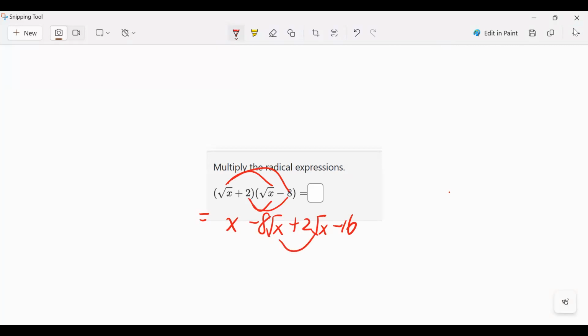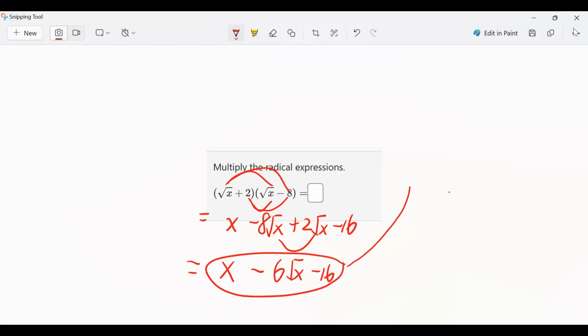And now combine like terms. The middle two are like terms. Everything else just stays as is. -8 plus 2 is -6 square root x, so x - 6 square root x - 16. Then again, if you want to go backwards, sometimes you don't need to. You can factor this, turn it into the two factors.